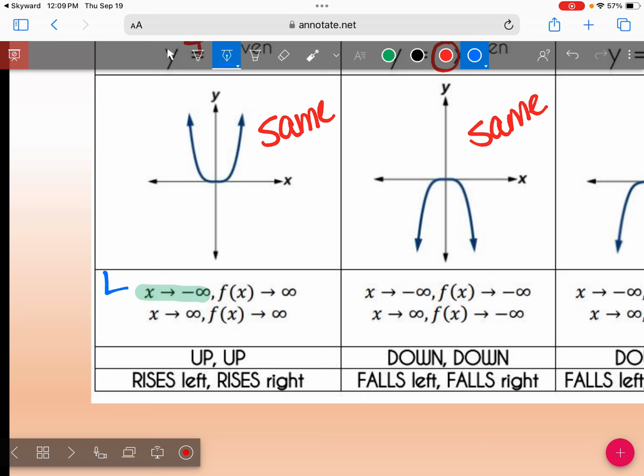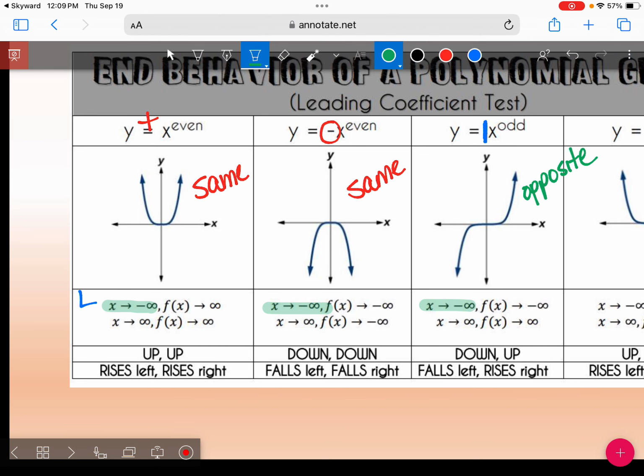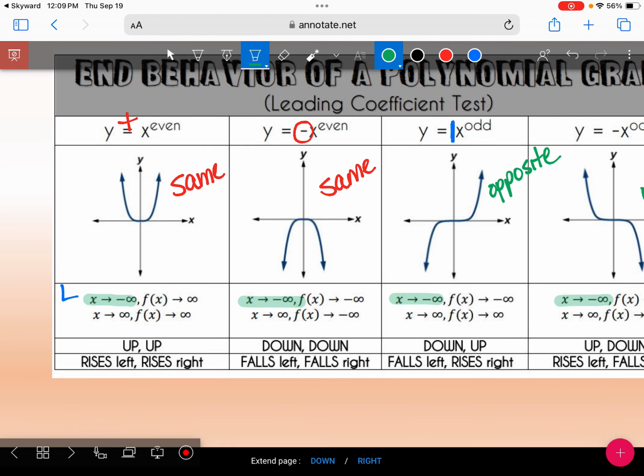So the first row in each one is asking for the left arrow, because it's saying when x is negative, what is y doing? The second one, where it says when x approaches positive infinity, that's the right side.